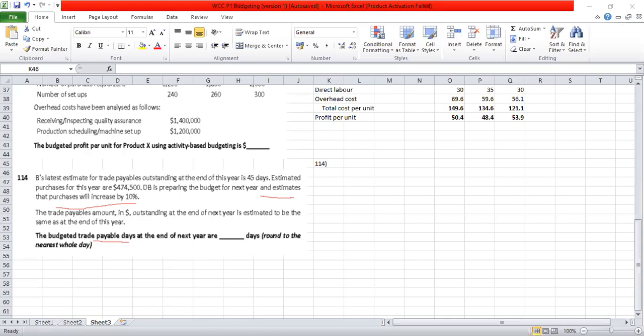So what is the credit period basically, which is extended by the supplier to make the payment?